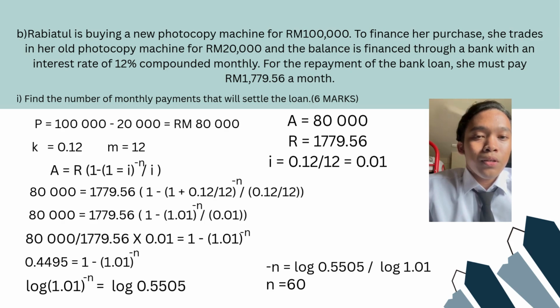The answer of it is 0.4495 equals 1 minus 1.01^(-n). We put the log on both sides, that is log 1.01^(-n) equals log 0.5505. So we arrange the equation, that is minus n equals log 0.5505 per log 1.01. So the answer is n equals 60.